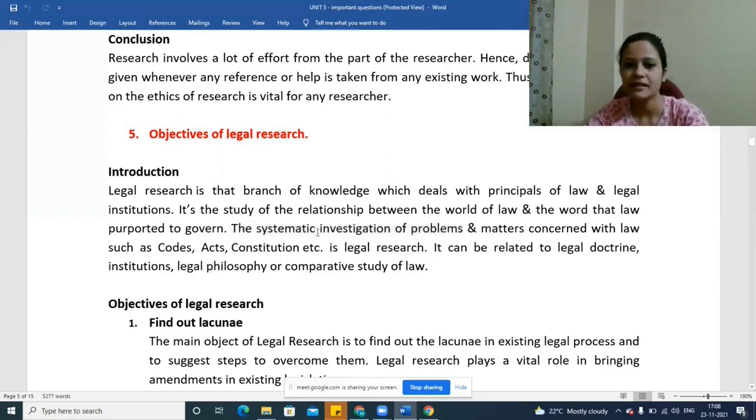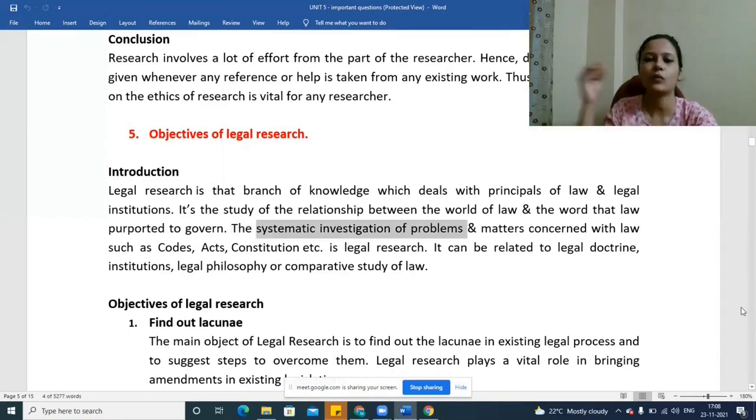That means investigation of problems. They wanted to find out what all the problems are that we have. Why is it that acid attack is increasing so much? It's because punishment is less. It is not even considered a separate crime under IPC. It simply falls under the classification of causing hurt.